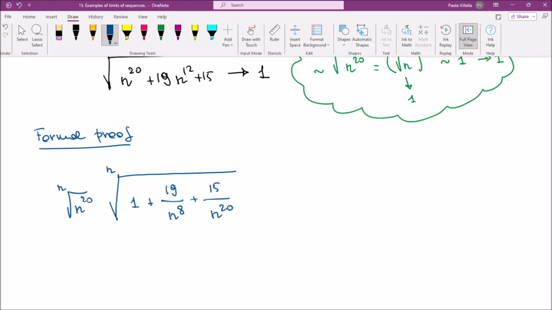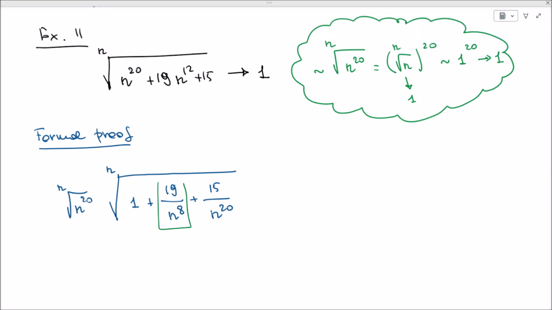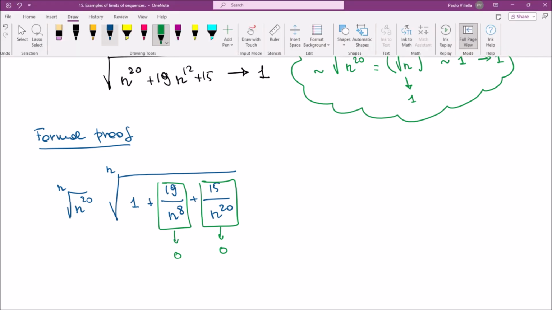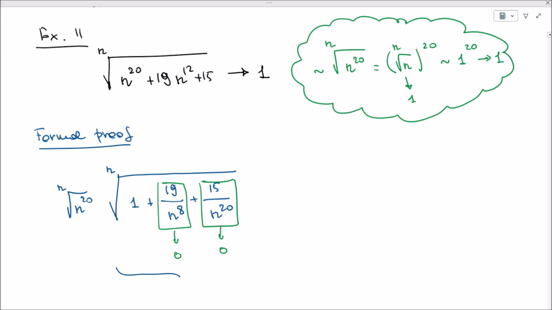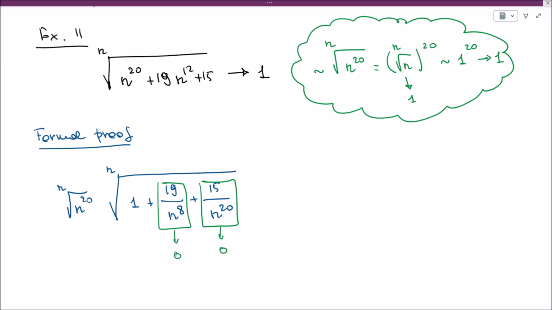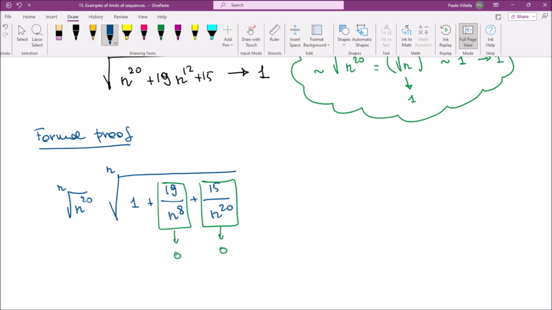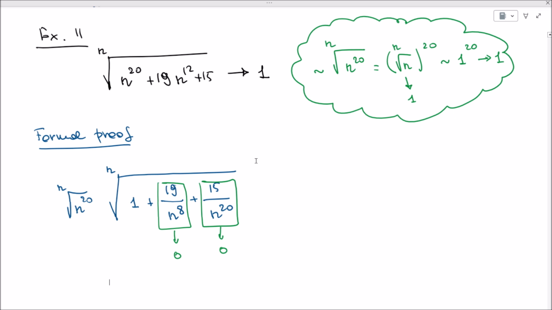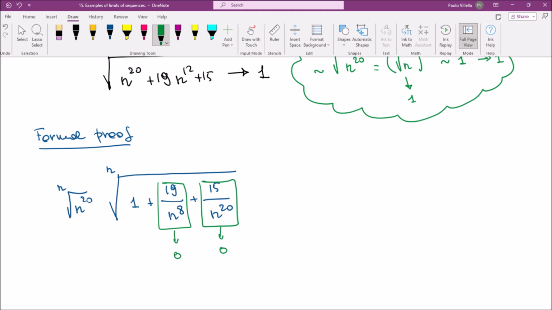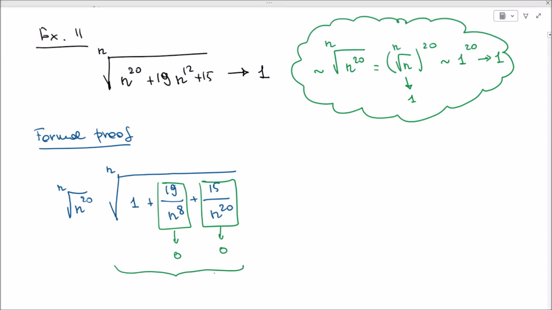And once again, as n goes to infinity, this term will go to 0, this term will go to 0, so this entire term will tend to 1.